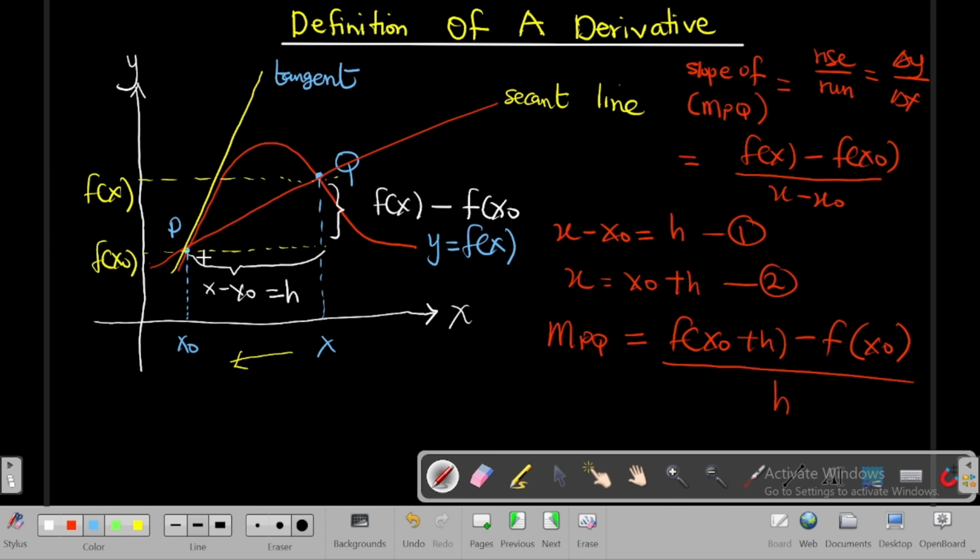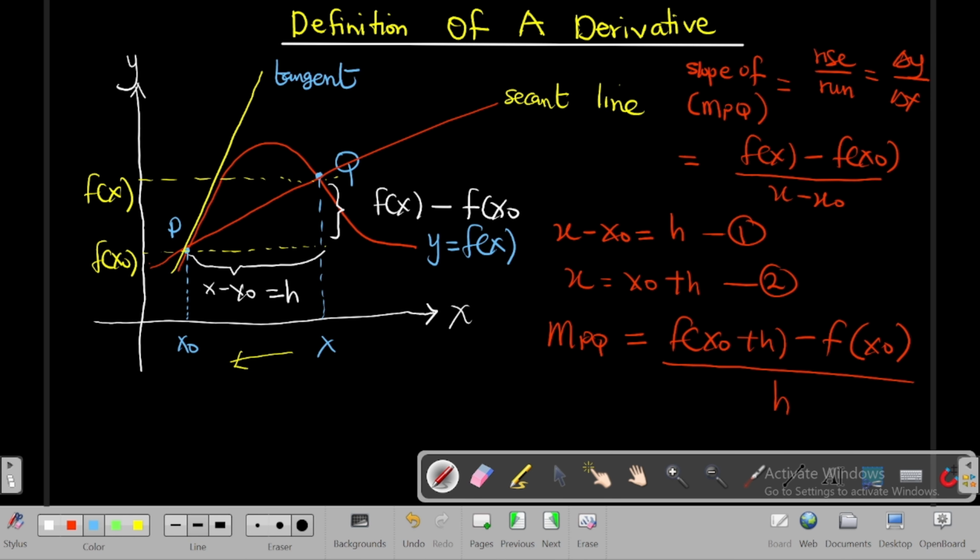So at the particular instant P, we can say that the derivative of the function will be the slope of the tangent line, and the slope of this tangent line will be the limit as h approaches 0 of the gradient of the secant line, right?